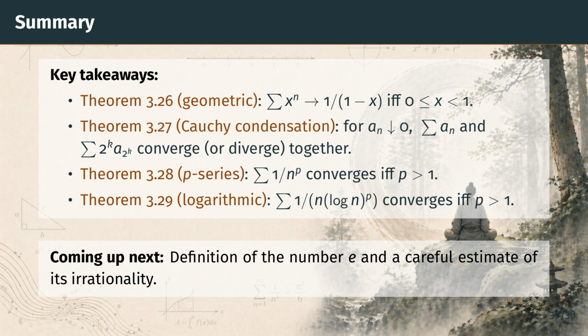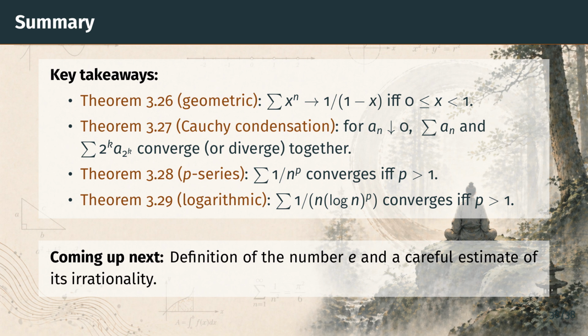Fourth, the logarithmic series. Inserting a log n to the p factor in the denominator shifts the threshold downward only slightly. The cutoff is still p equals 1. We also saw that the procedure iterates indefinitely, with no ultimate boundary between convergent and divergent series.